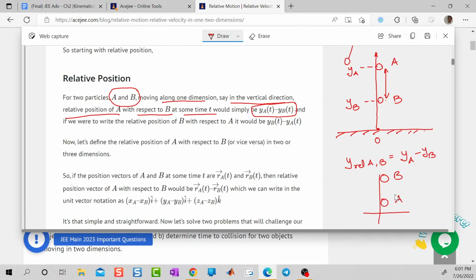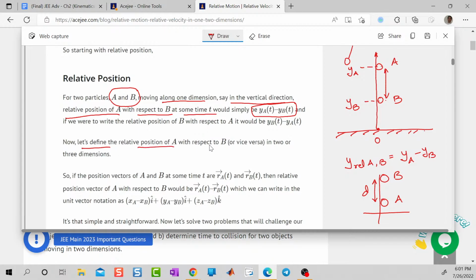B will say that A is, let's say this distance is D, D meters below me, right? Or if B is well educated and has a good understanding of how people report, then he will say: I choose my y coordinate in the vertically upward direction, and the position of A with respect to me is minus D meters. Yes, correct, no?